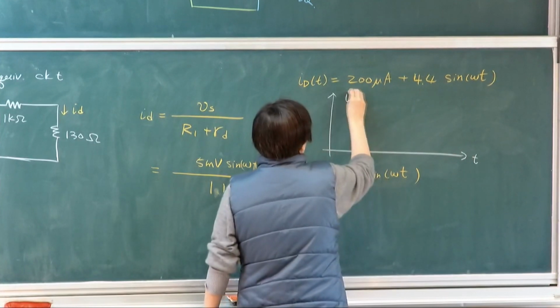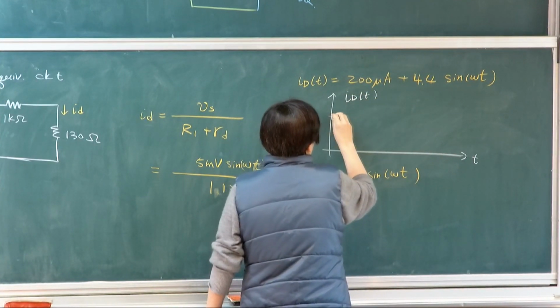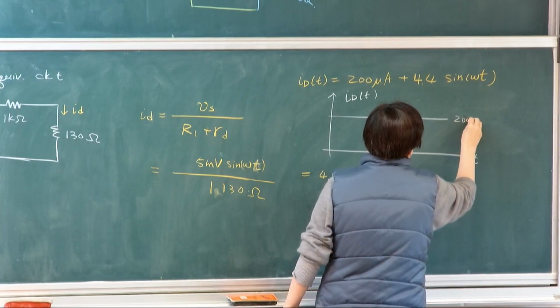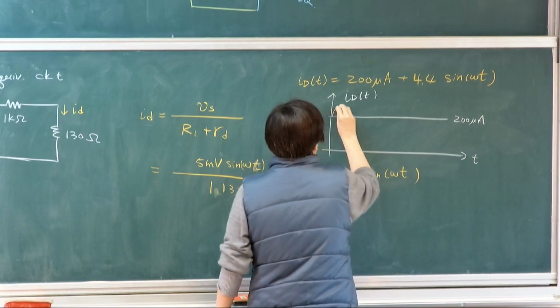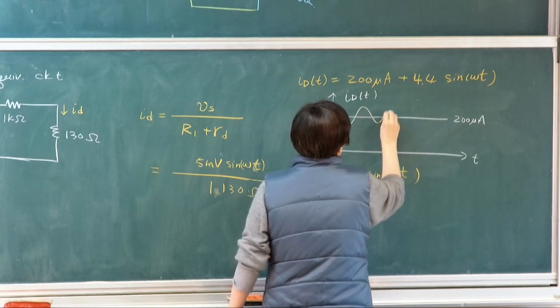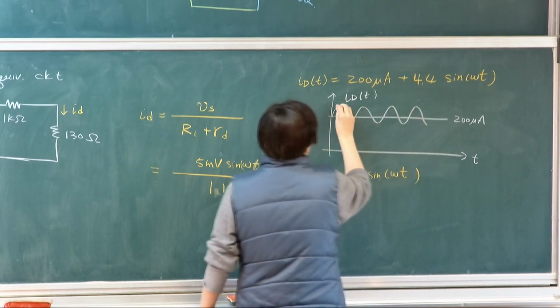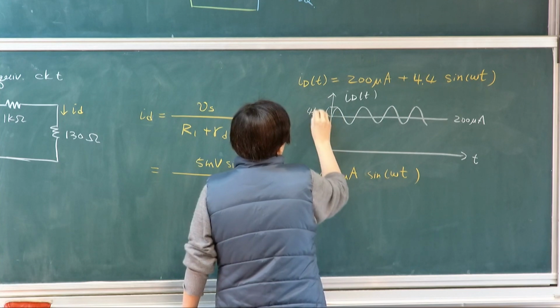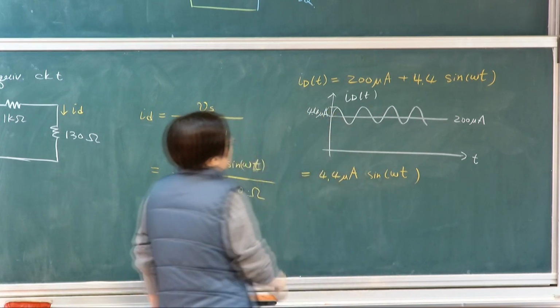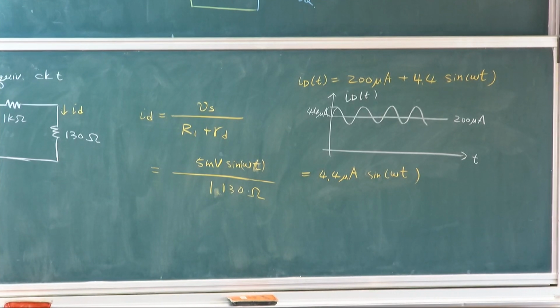As a function of time, total current as a function of time will be something centered at 200 microamp and then move up and down with an amplitude of 4.4. Okay? So this will correspond to the changes in my small signal input.